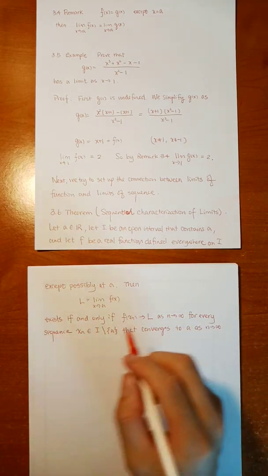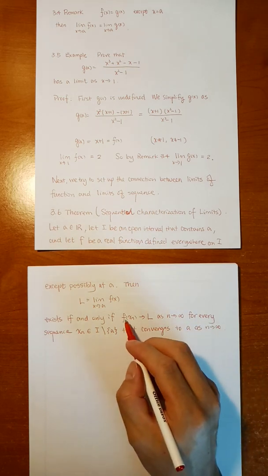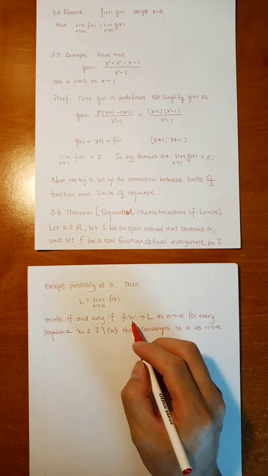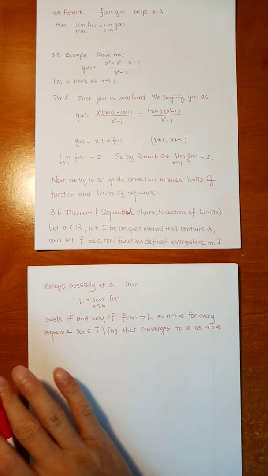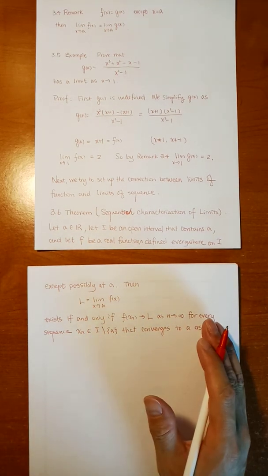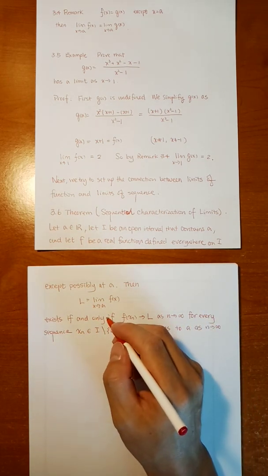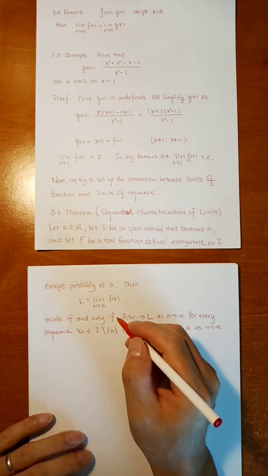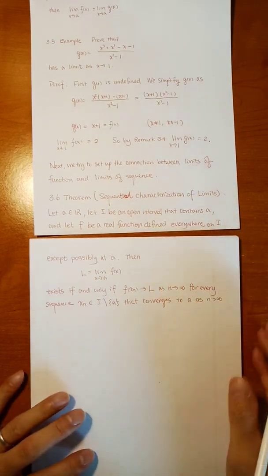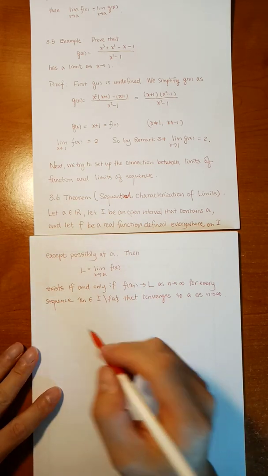And for whatever sample points you select converging to a, you evaluate the function at the sample points, and the value will approach L. If this works for whatever selection of sample points, then we will claim the function has the limit, the same limit, at a. Okay, that's the meaning.